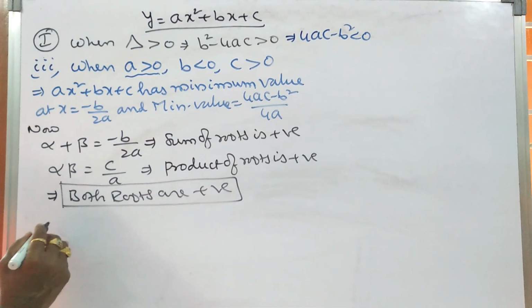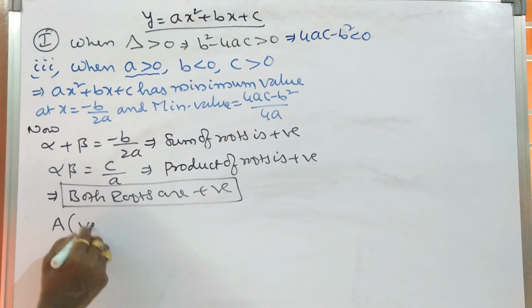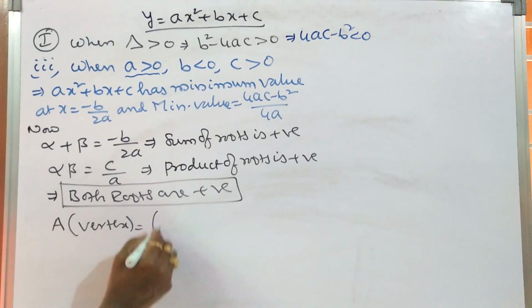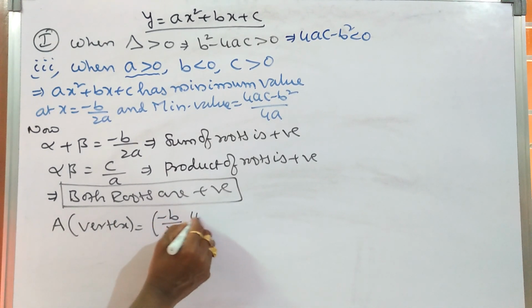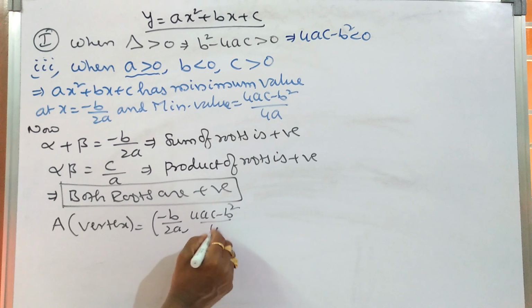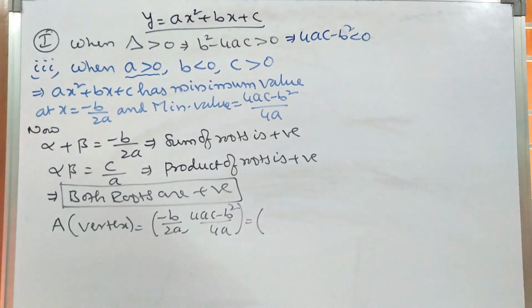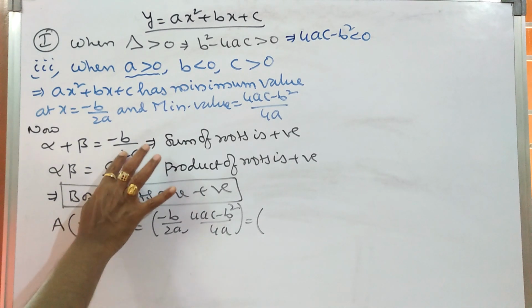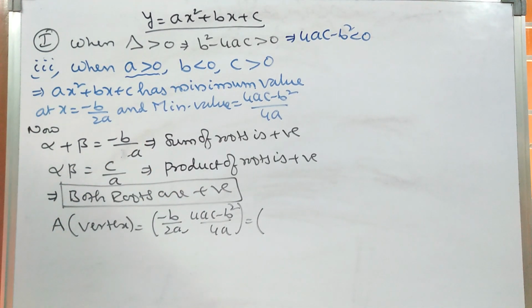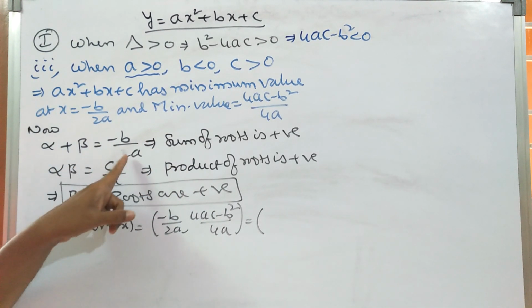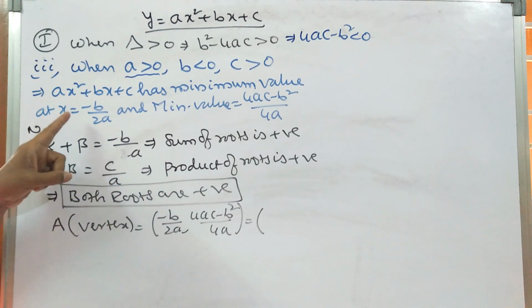And what about the vertex? The vertex is equal to minus b by 2a, 4ac minus b square by 4a. Let us see how minus b by 2a will be.